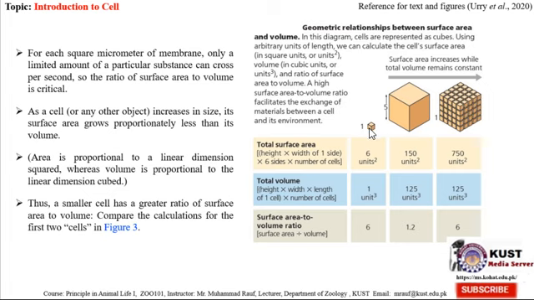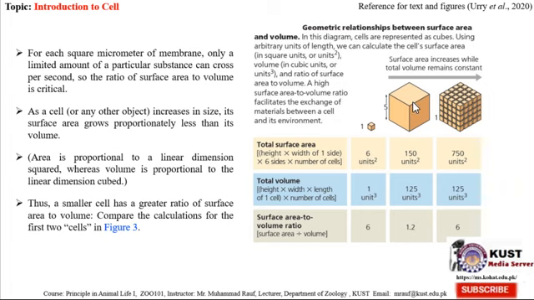So here a single cell is cube shaped and the cube has 6 sides. The total surface area is calculated as height into width of one side, which is 1 into 1, and then there are 6 sides in a cube. So 1 into 6 makes 6, and then multiply by the number of cells. Here we have only one cell, so we multiply 6 with 1, which gives us 6.